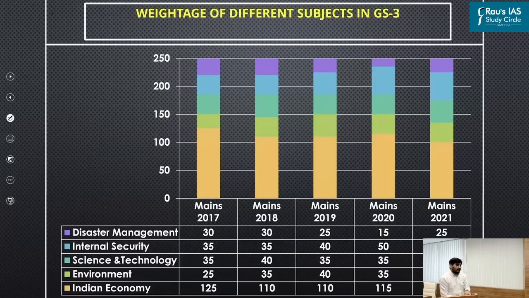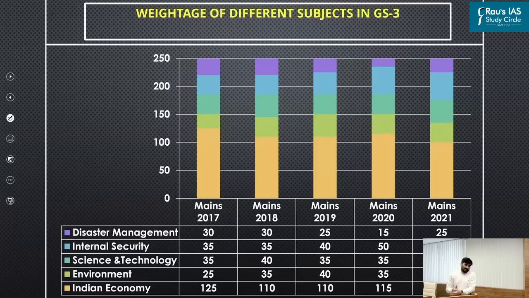Second, if you look at the weightage of environment, on an average, around 30 to 40 marks have been asked from the environment section in the last 4 year mains examination. And the same trend has continued for the mains 2021 as well. Similarly, for the other subjects, that is science and technology, internal security, and disaster management, the same trend has continued for this year's mains examination.